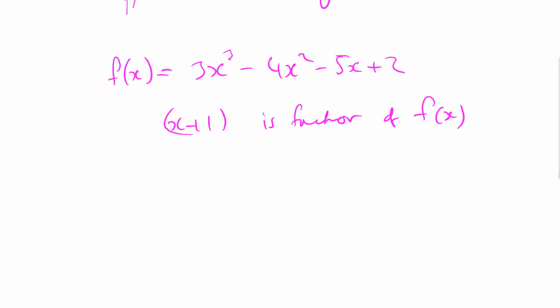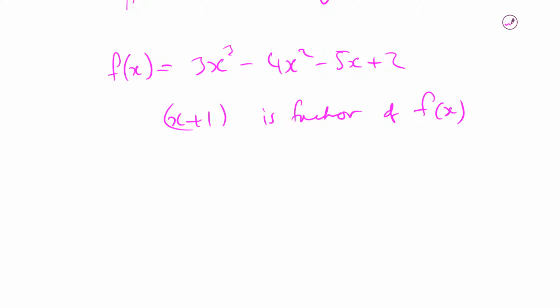So how do we know that x plus 1 is a factor of f(x)? You do long division and the answer will be zero. You could do long division, and what else? Minus 1 into it, yeah, so factor theorem. Factor theorem, remainder theorem, basically the same thing.